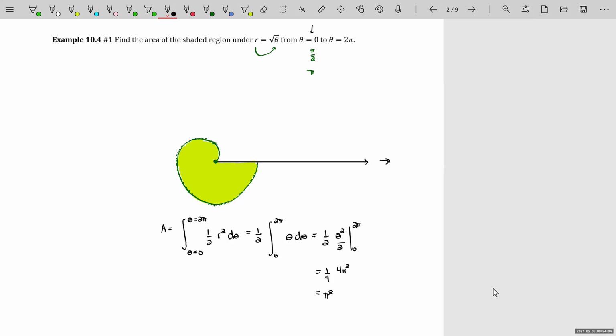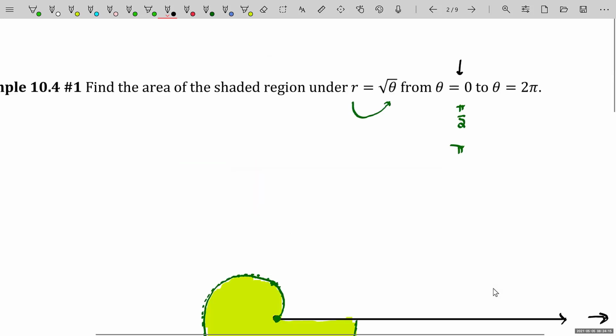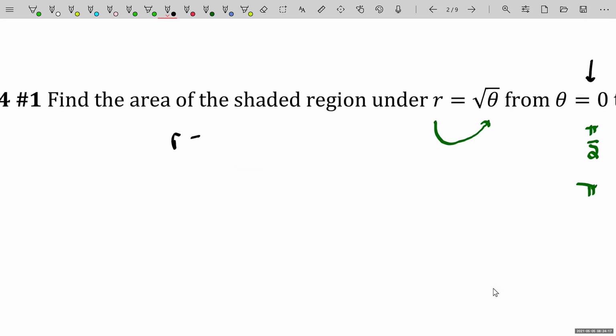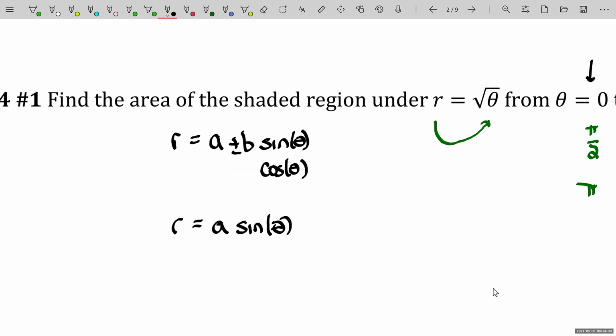The hardest thing that students have with this is graphing. Let me just be honest with you. Again, I told you my expectations of what I expect you to be able to graph: r is equal to a plus or minus b sine or cosine of theta, and r is equal to a sine of theta or cosine of theta.